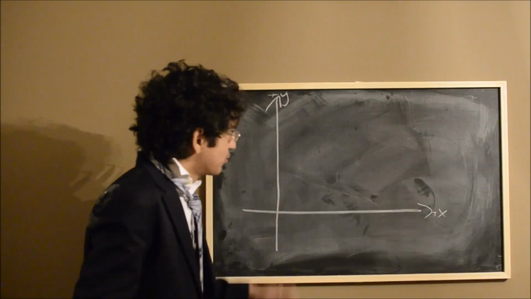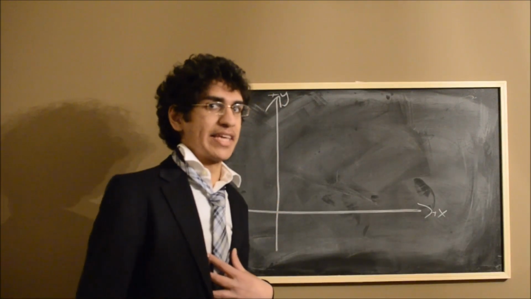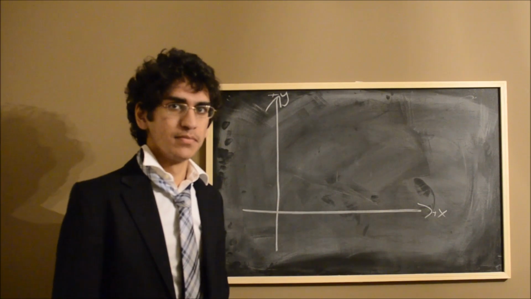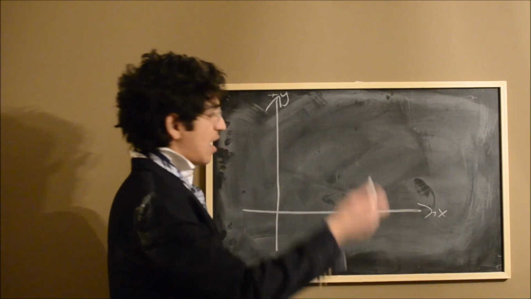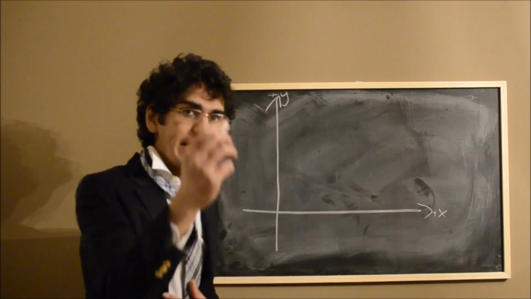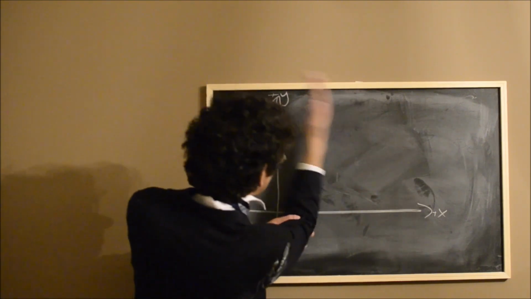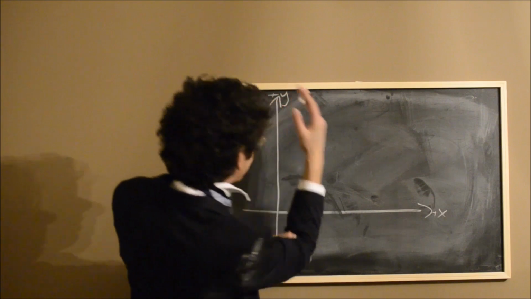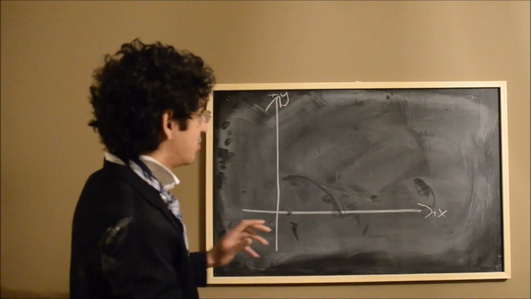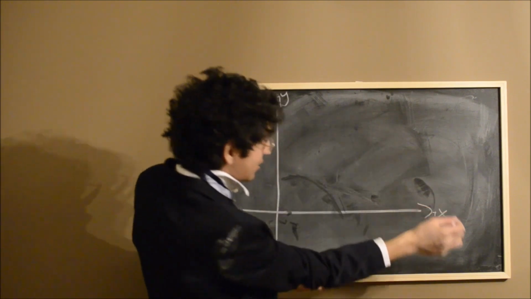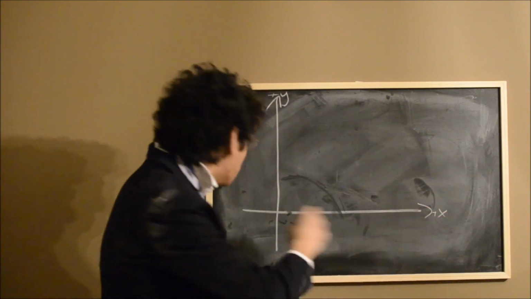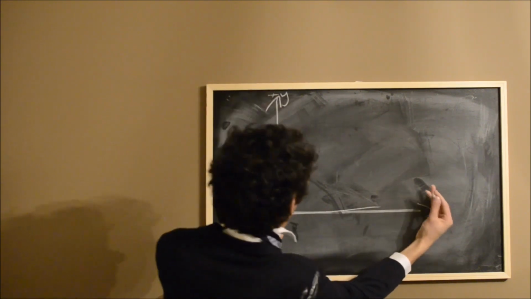So what if I want to represent a vector without the comma bracket thing? Am I screwed? No, I'm not screwed. I can represent a vector as a length and an angle that specifies the direction of the vector. And that angle will be the angle that the vector makes with the positive x-axis, the positive portion of the x-axis.